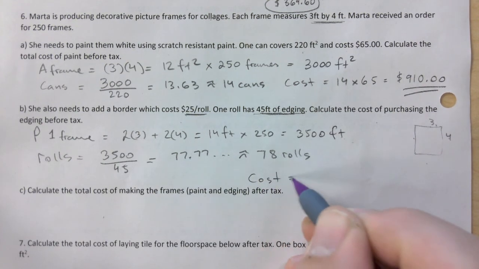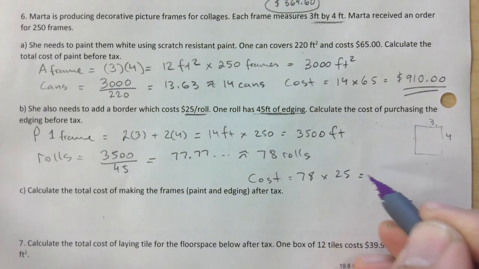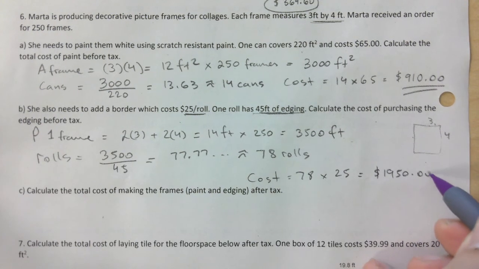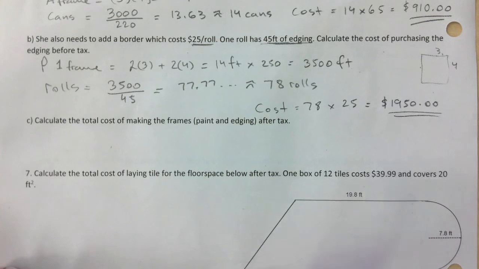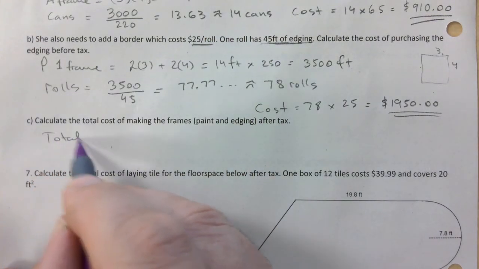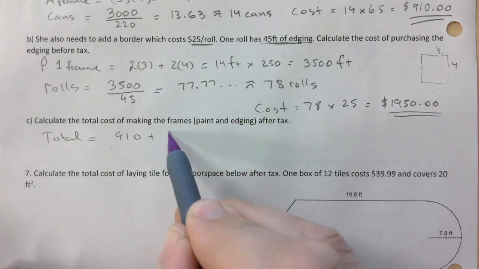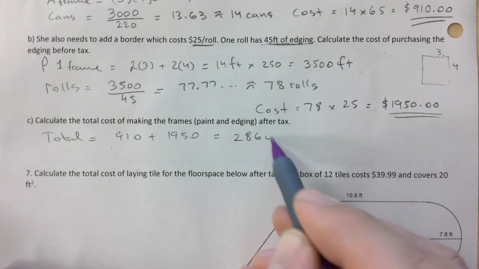The cost is 78 times 25, which is 1950. And let's do the total here. Total is the 910 plus 1950, which is 2860.